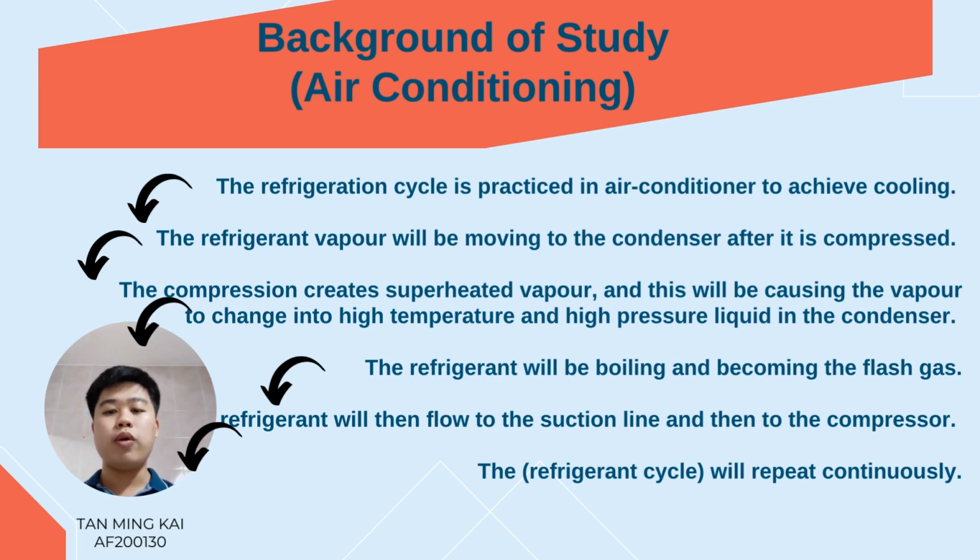The refrigerant will be boiling and becoming fresh gas. The remaining liquid refrigerant transforms back into a vapor, whereas the mixture of liquid and gas passes through the evaporator. The refrigerant will then flow to the suction line and then to the compressor. The refrigerant cycle will be repeated again and again.